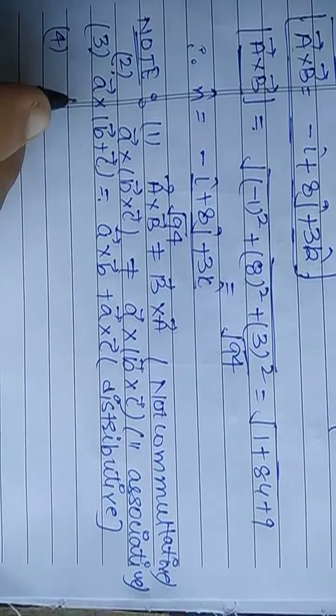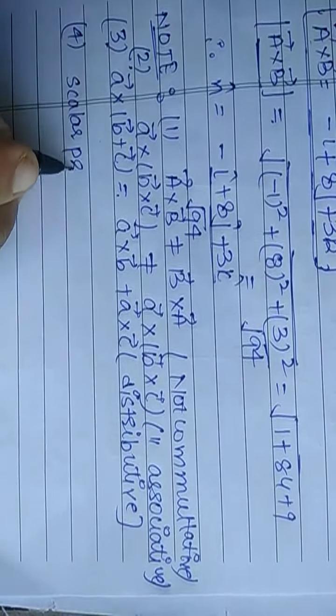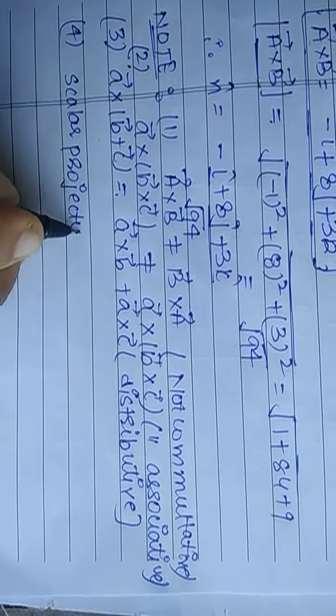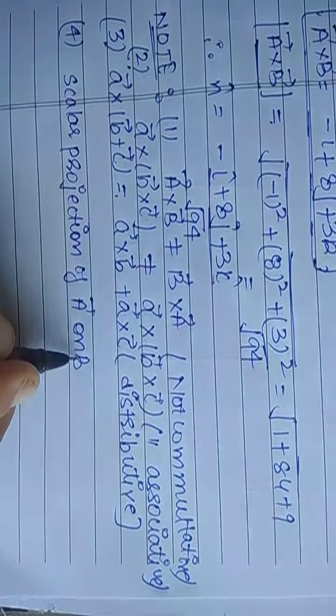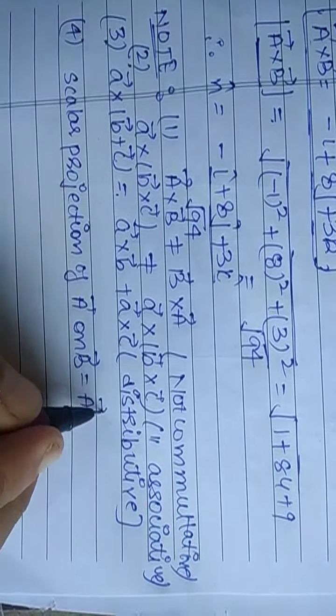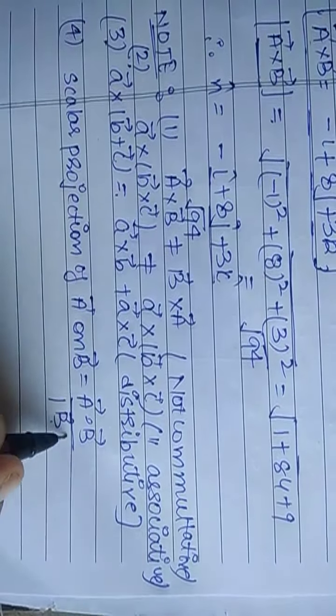Second note you have to remember, if you want to find the scalar projection of a vector on b vector, then you will solve a vector dot b vector divided by magnitude of b.